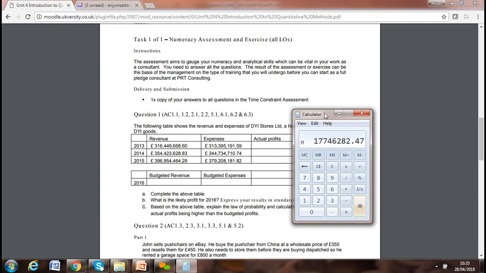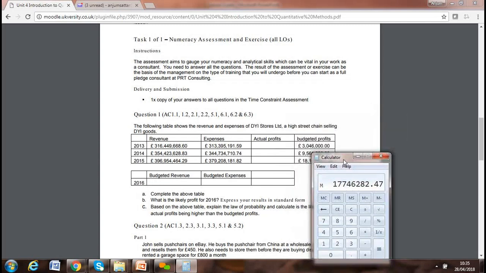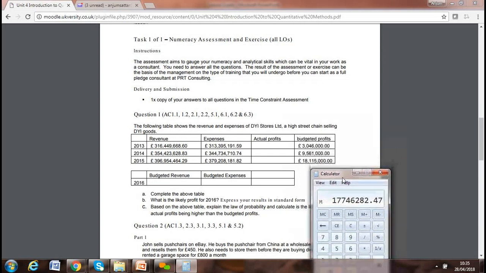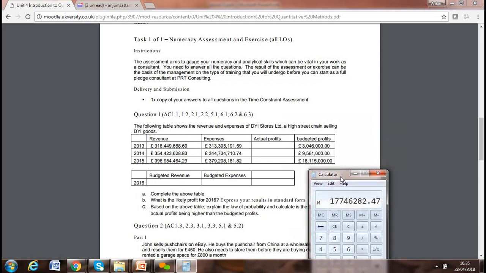So my actual profit is lesser than the budgeted profit. So how much is the lesser? That we need to find, yes, to find for the further year. So minus. Okay. Yes, we can take the difference.